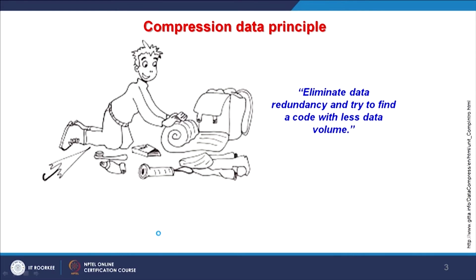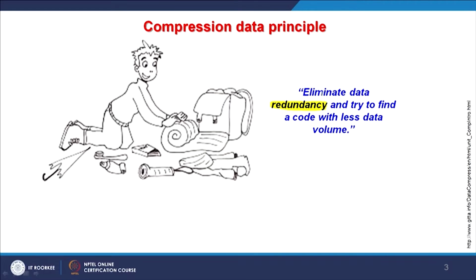Basically the purpose here is to eliminate data redundancy. If I talk about raster data, if a lot of pixels or cells have the same or almost the same value, then by some means if we can code them in a manner that we do not have to store each cell or pixel, but rather a group of cells or pixels can be stored with one code, then we can achieve good compression.